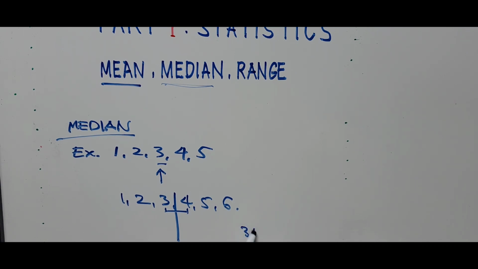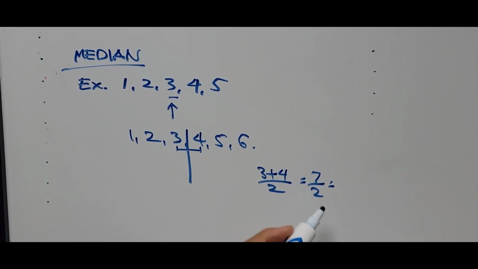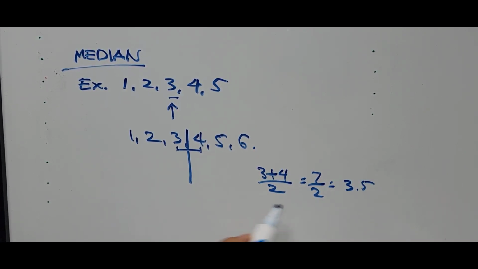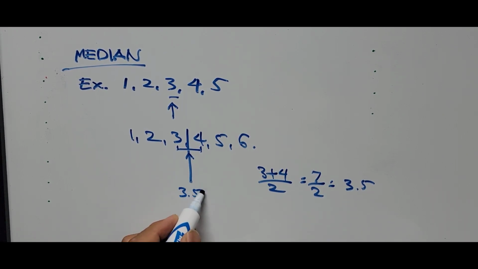That is 3 plus 4 divided by 2. That is now 7 over 2, or 7 divided by 2. That is 3.5. So the median here is 3.5, the average of those 2 values in the middle for an even number of values.